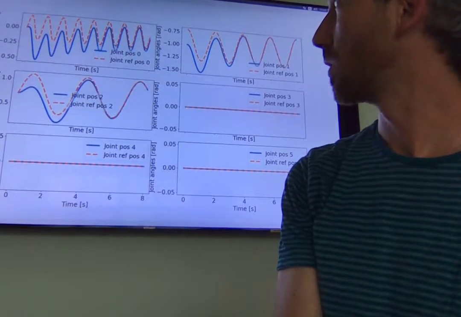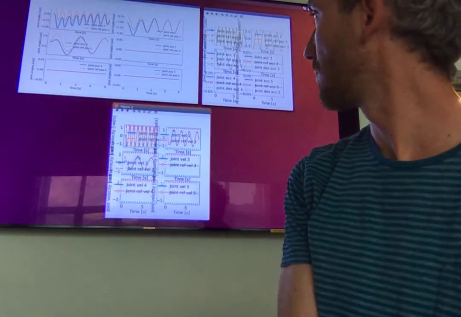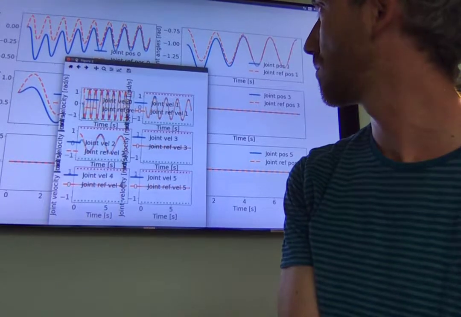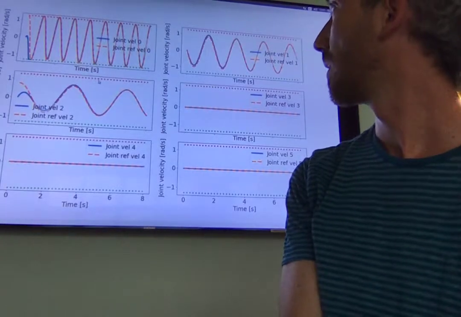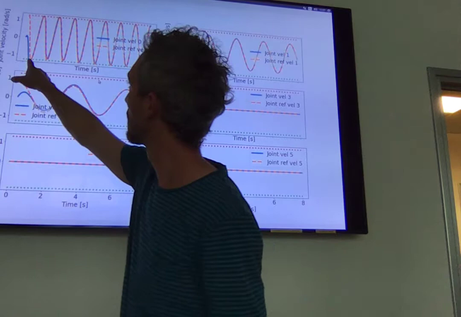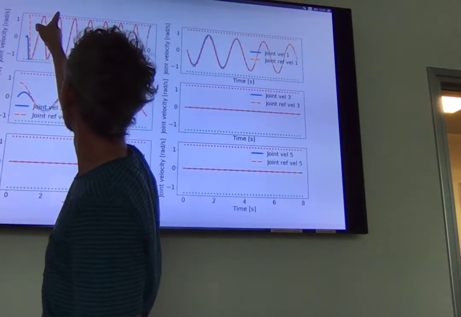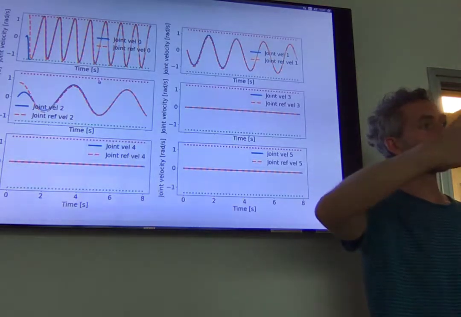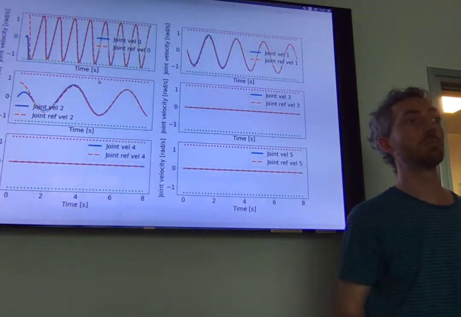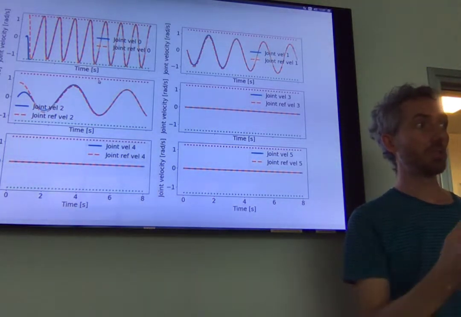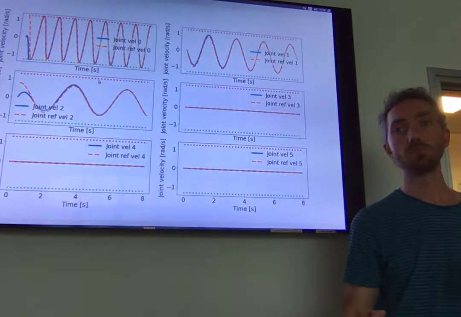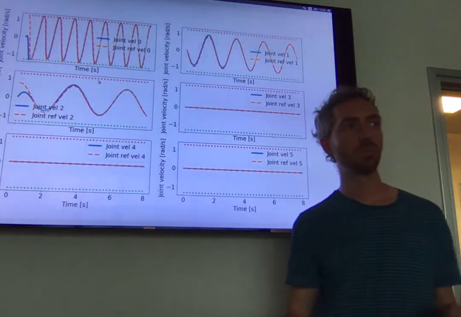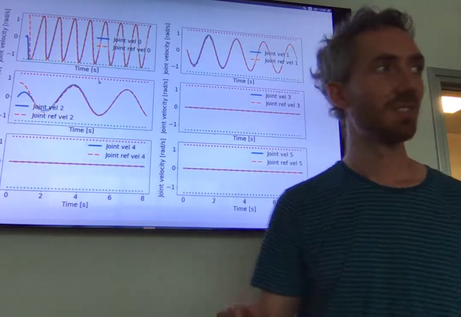But what really changed is that if we take a look at the joint velocity trajectory, we can see here, here, here, that the velocity reaches the bounds without exceeding them. So the joint velocity limits are now satisfied. So we're very happy.